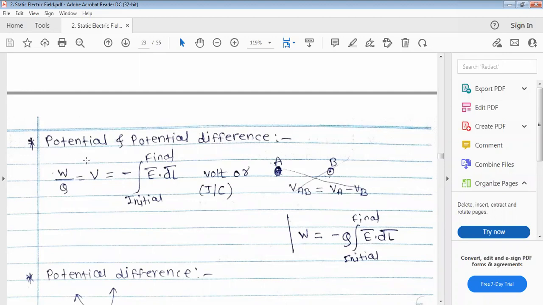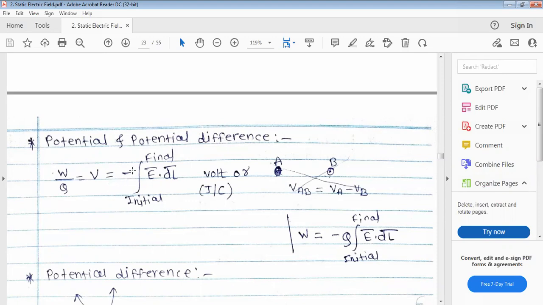So potential is defined as the work done in moving any charge from one point to another point. It is given by W divided by Q, which is equal to V. And we know W. What is the formula for W?